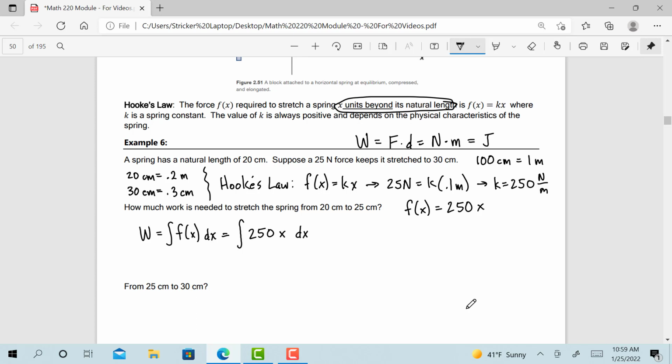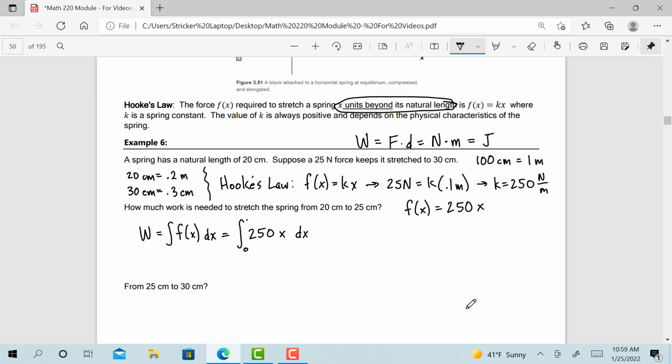We're trying to stretch the spring from its natural length of 20 centimeters to a length of 25 centimeters. So x is going to go from its natural length, which is, remember, x is the units beyond the natural length. If it's at its natural length, it is 0 units beyond its natural length, and we're stretching it to 5 centimeters past that.